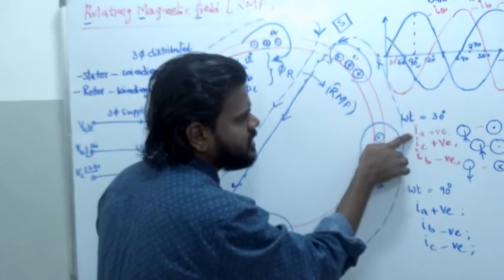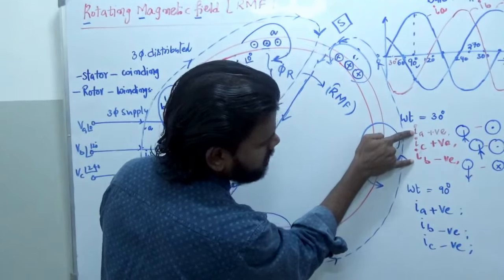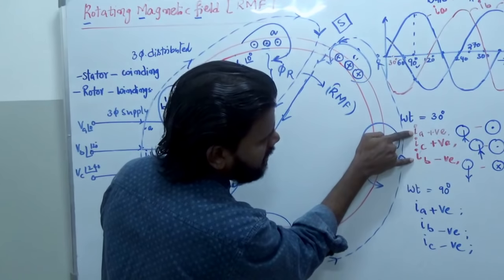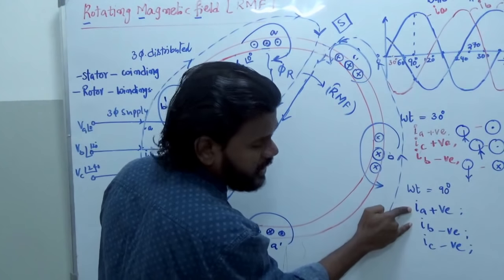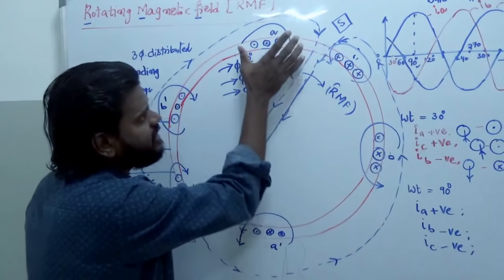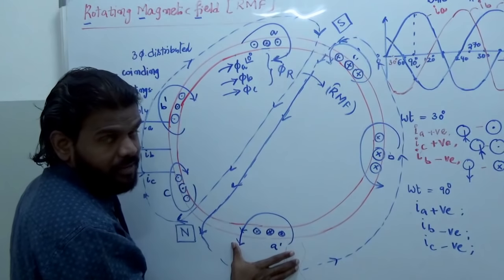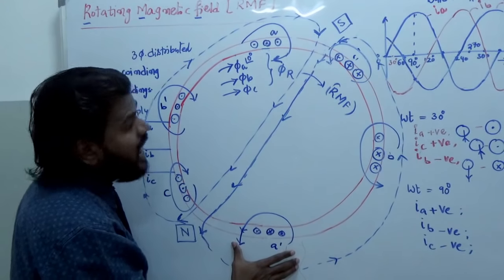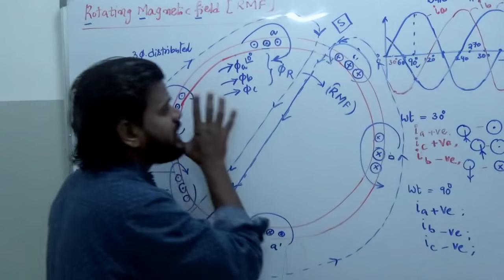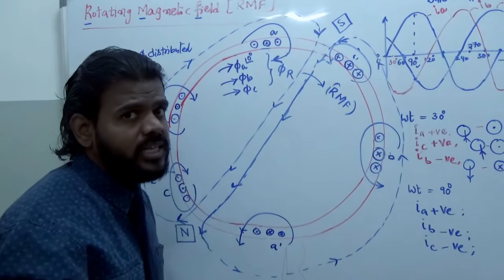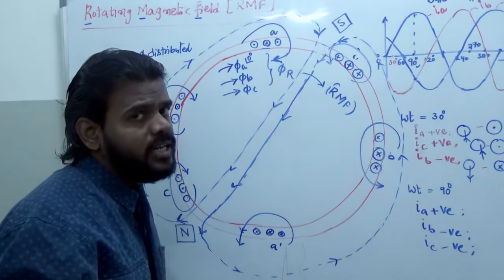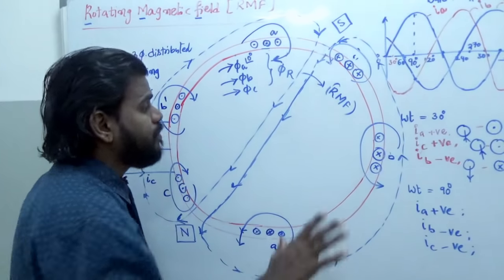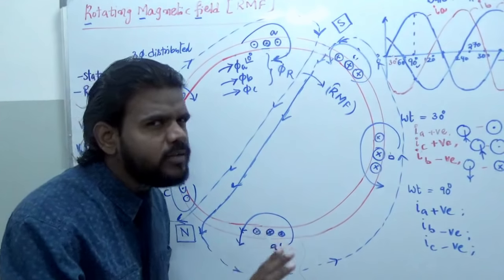So IA positive, IB negative, IA positive, IB negative. Which means phase A conductors and phase B conductors will not have any change in the current direction as well as in the flux direction. I'm not going to change anything there.